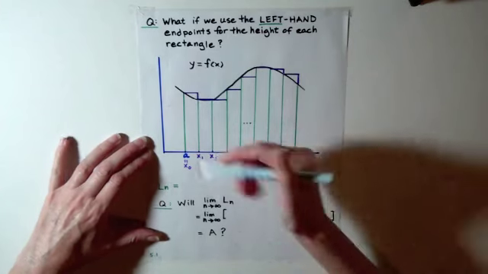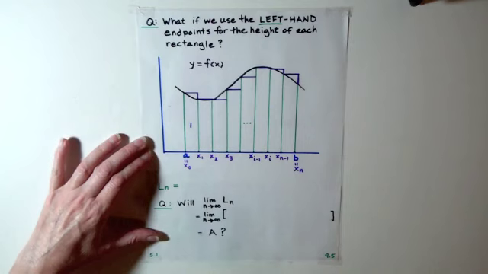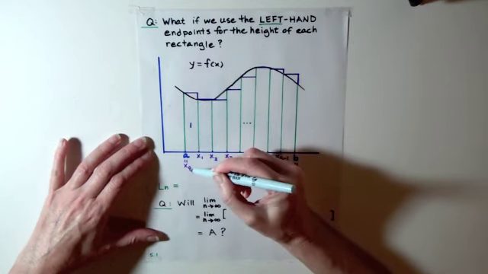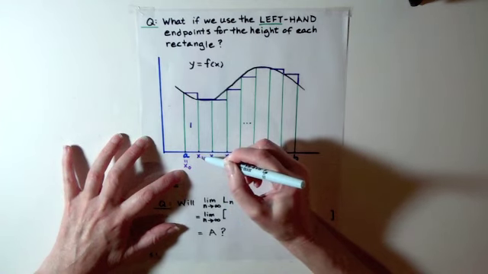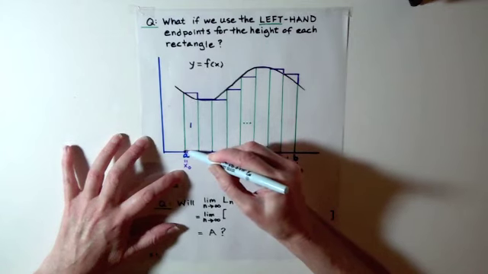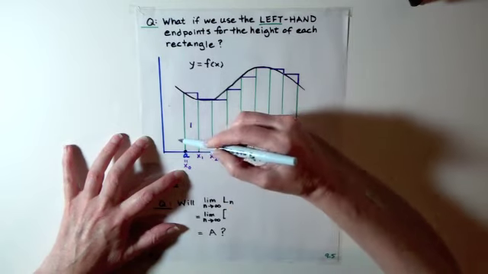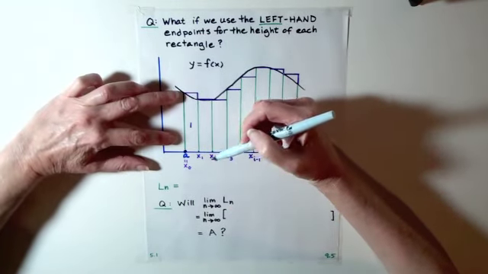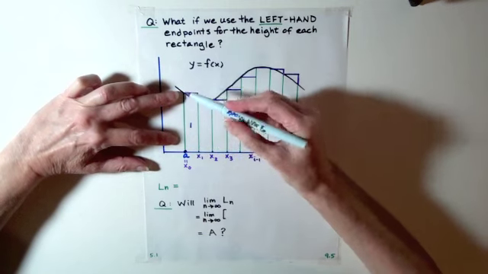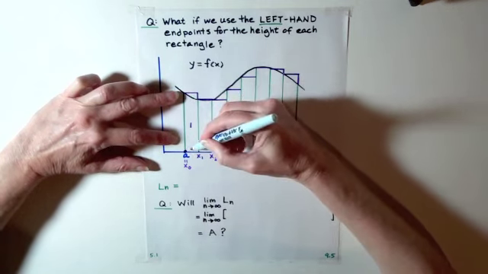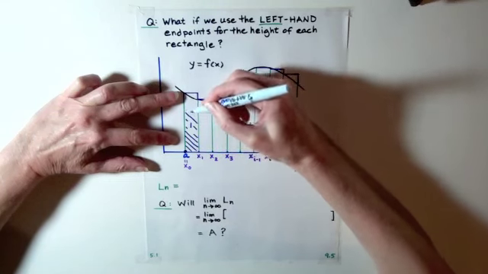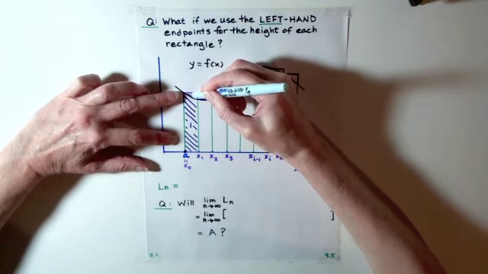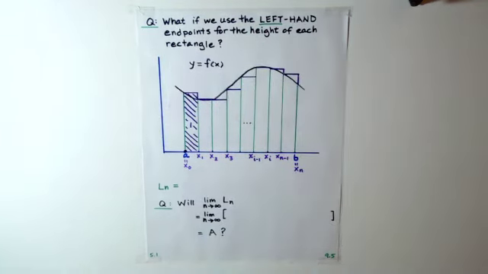Notice on the very first strip, I look at the interval from a, which is the same as x0, to x1, and for the height of that rectangle I use the left-hand endpoint, x sub 0. The height under the curve is this green height, and that's what I use to create my first rectangle, as opposed to the right-hand endpoint that we did a couple of pages back.